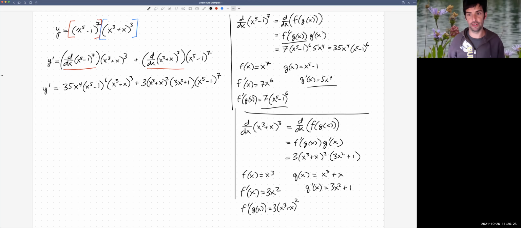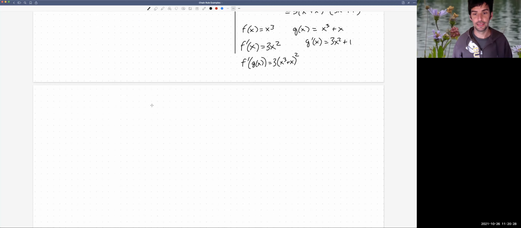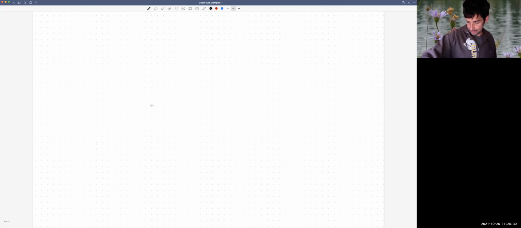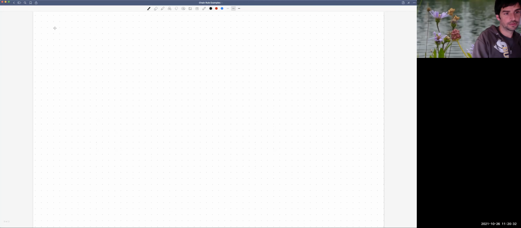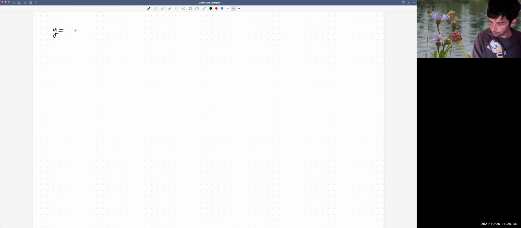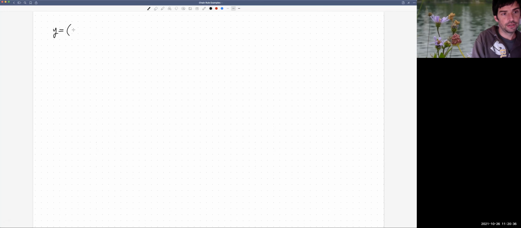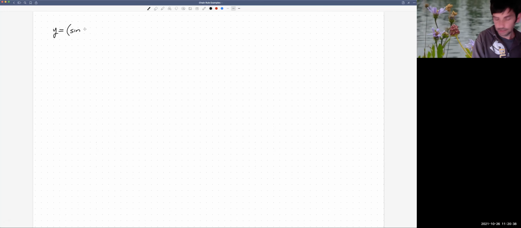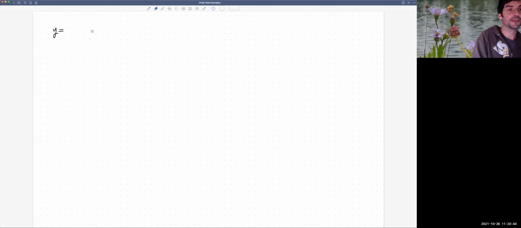Let's do one more example expanding on this. Let's look at y equals sine of x. Well, let's write it in a more confusing way just to sort through it and then explain it.